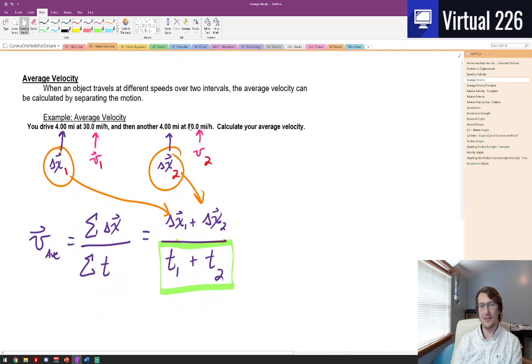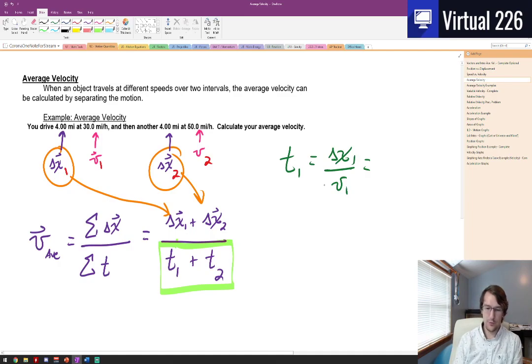And we can do that easily in this problem here because we have both the delta x and the velocity. So if we do this for our first positions and velocities here, we'll find that time 1 is just going to equal delta x1 divided by v1. And if we throw in numbers there, 4 divided by 30 is going to give us 0.133. So I'll just put 0.13.